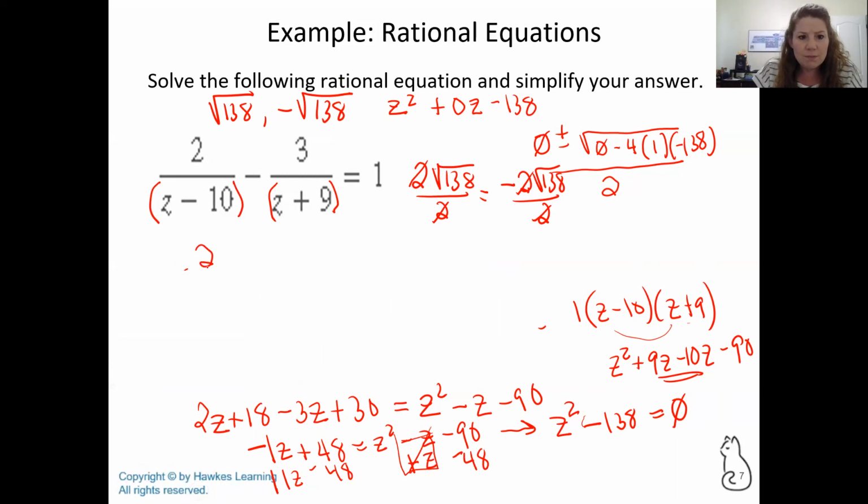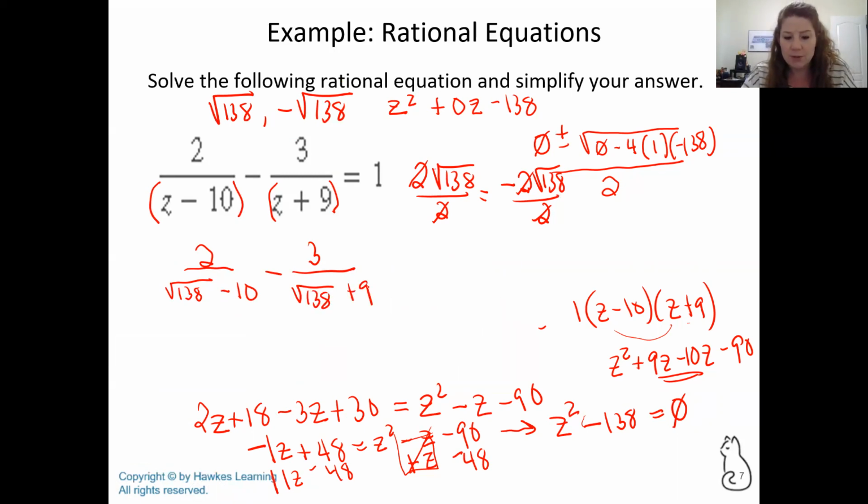So 2 over square root 138 minus 10, minus 3 over square root 138 plus 9. Let's see if that equals 1. All right, I'm using my calculator.